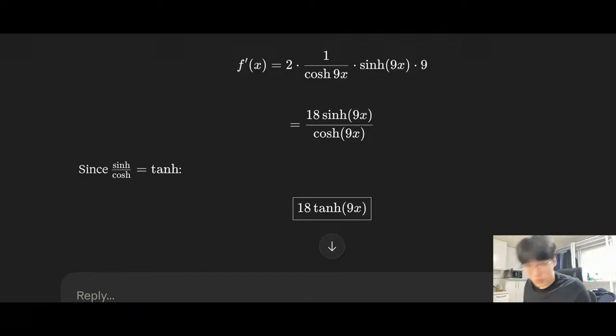But I wonder, 18 sinh 9x over cosh 9x. Okay, so it still marks as correct, which makes sense, which I'm glad of. I'm very glad, but it doesn't mark as wrong. I can't change it, right? Yeah. All right. Press on.